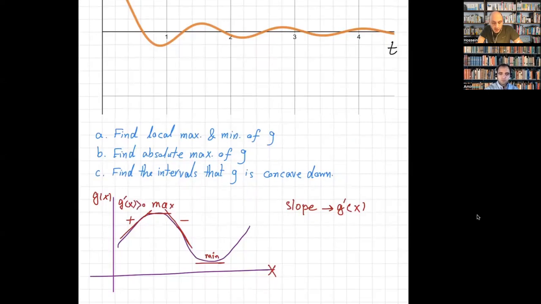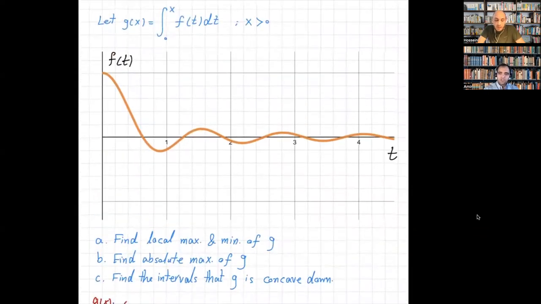And then in the second branch, downward, g prime of x is less than 0, is negative. And then a minimum happens when the slope changes from negative to positive. So this side is positive. It means that g prime of x is greater than 0.